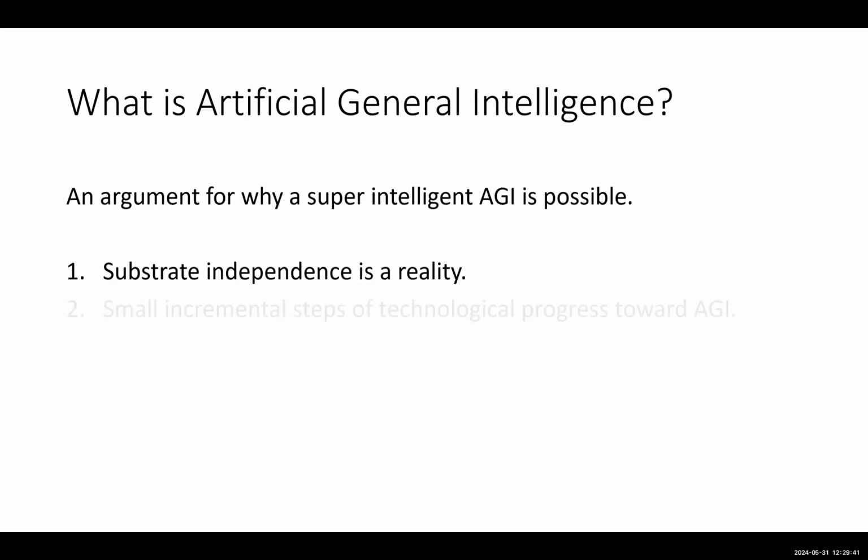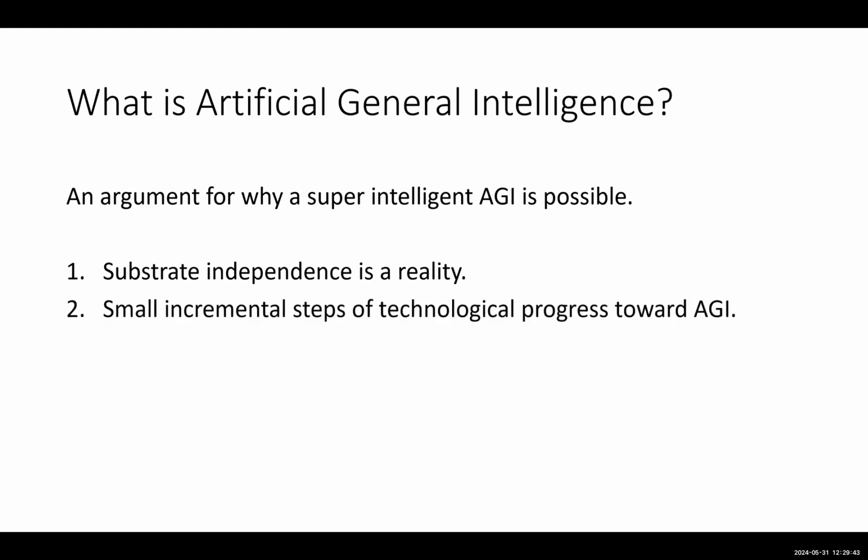Now, the second premise says, look, we've got lots and lots of little incremental steps of technology progressing, and that seems to be true in the past. And it looks like our technology is developing in a rapid, progressive way.